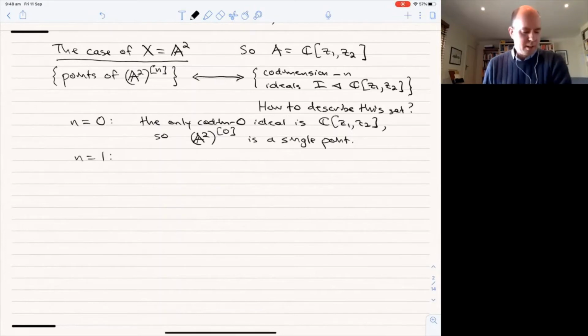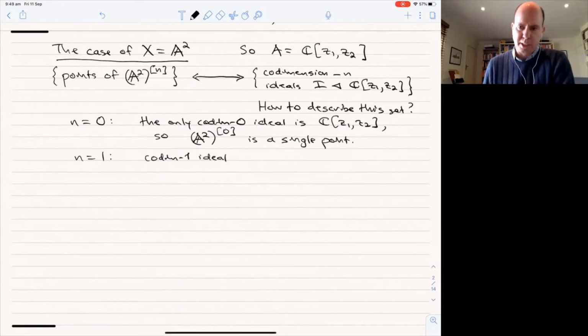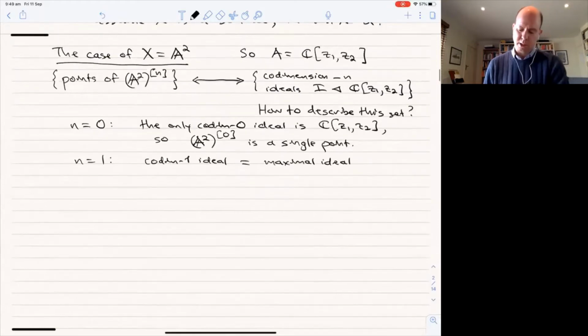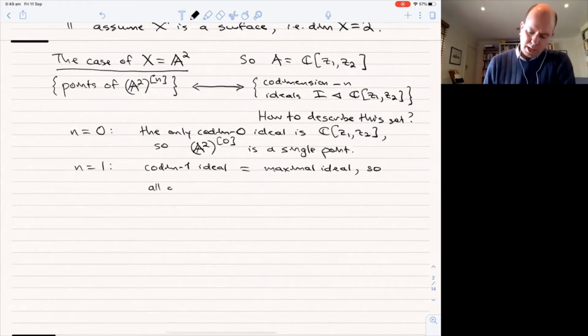When n equals 1, a codimension-n ideal of a finitely generated algebra over an algebraically closed field like C is the same as a maximal ideal. So we know what those are at least. Those are exactly the ideals that correspond to points in A2. So they're all of the form the maximal ideal corresponding to some point lambda mu.